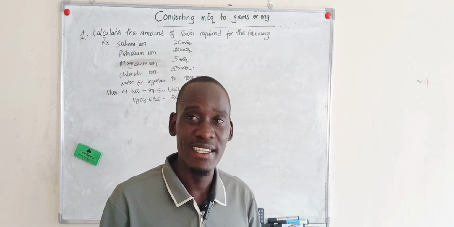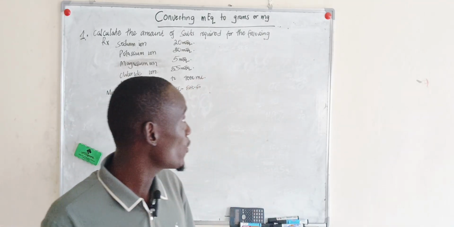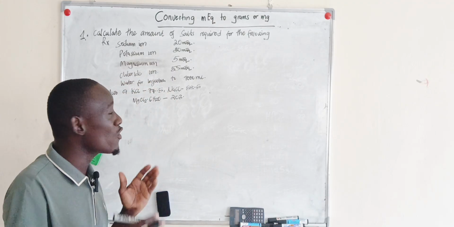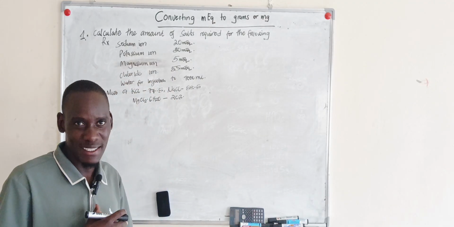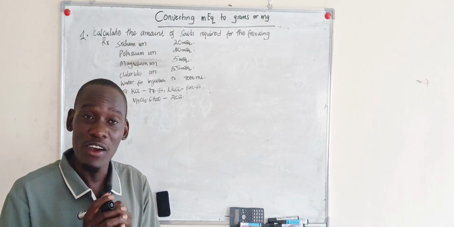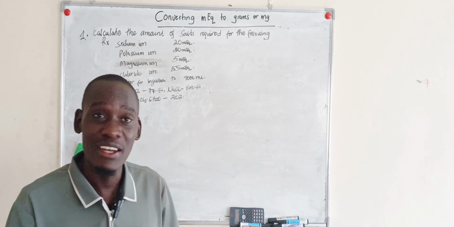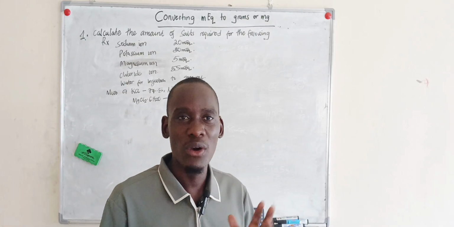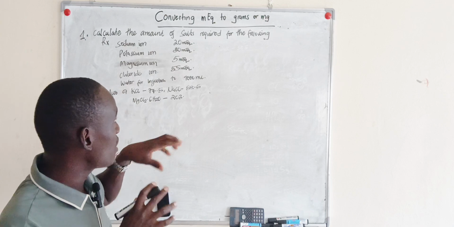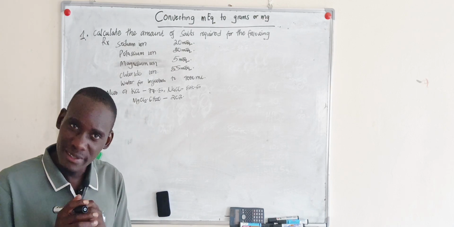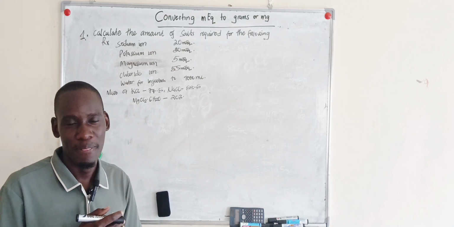Students often find challenges on how they can interconvert between those units. Today, if you have been wondering and confused about how you can go about such questions, this is your lecture.